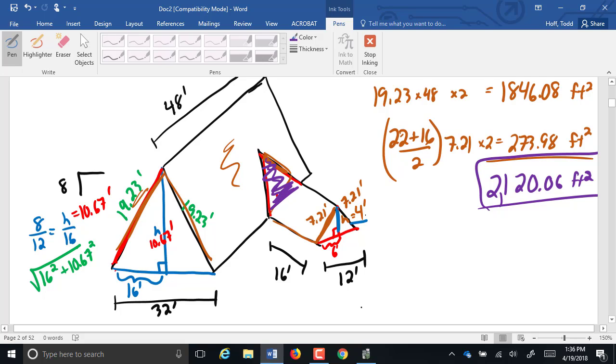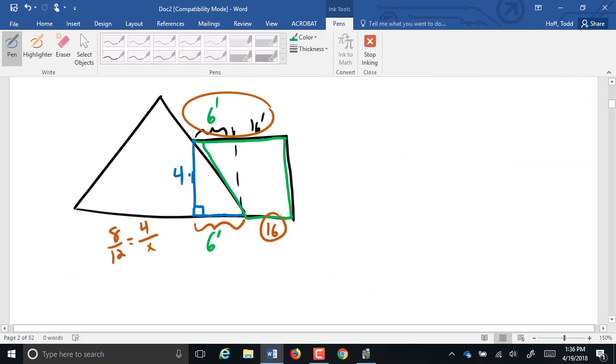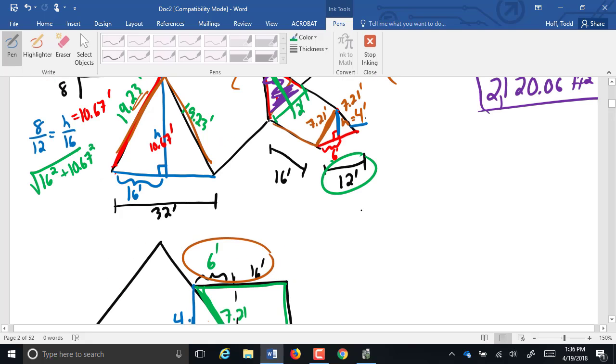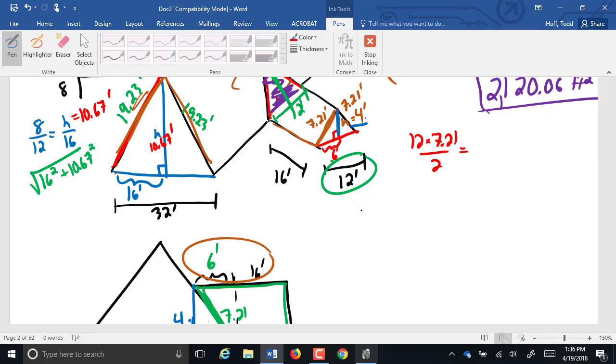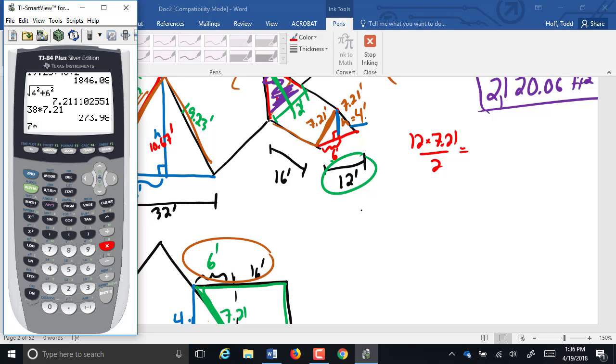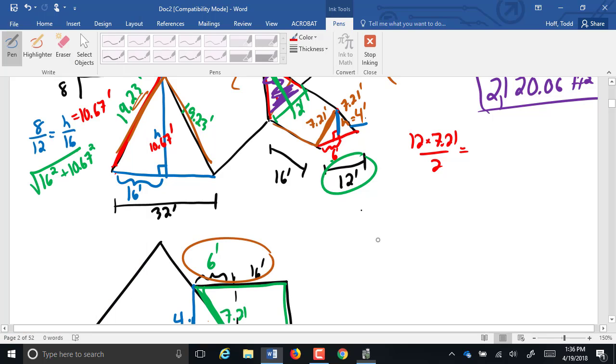Where the dormer covers up the slope of that main roof. But we now know what that triangle looks like. That triangle, of course, is just 12 feet wide down here. The height is the length of this slope here. Length of that slope is the square root of 4 squared plus 6 squared, right? 7.21 feet. So the triangle to subtract out has an area of 12 times 7.21 divided by 2. 43.6, I believe, or 26. 43.26 square feet.